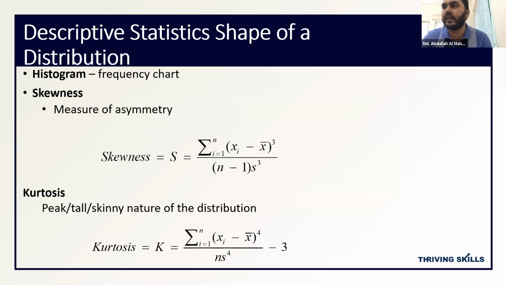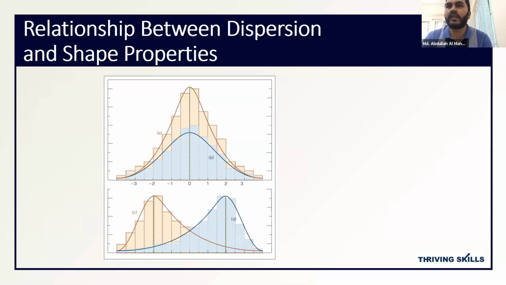As I said earlier, for continuous data we use histograms and line graphs. If you have continuous data, you can present it through histograms, and you can measure how much your data is skewed, whether it is right skewed or left skewed, or whether you are working with normal distributions or not. You can measure that.